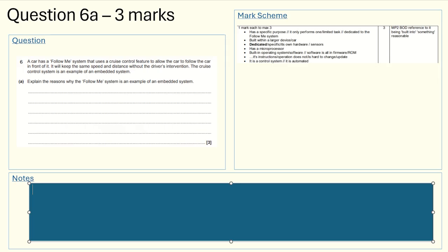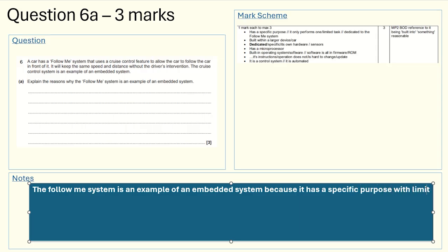Okay, so we know that embedded systems, first of all, have a specific function, or they're only limited to one function. So we could say the follow me system is an example of an embedded system because it has a specific purpose with limited functions.